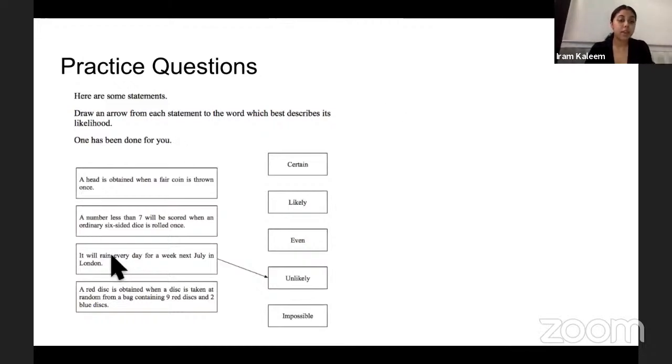So the probability of it raining every day for a week in July in London is unlikely, because obviously it's an event that's happening in the summer and it's just unlikely that it will rain every single day. So for the other 3 statements, please have a think about which words are best to describe the likelihood of those events happening. I'll give you a moment to think about it.